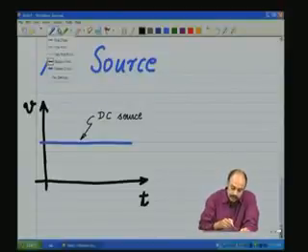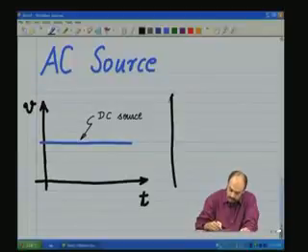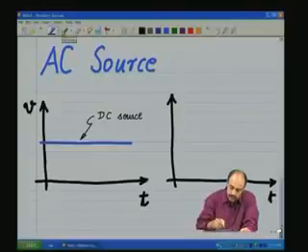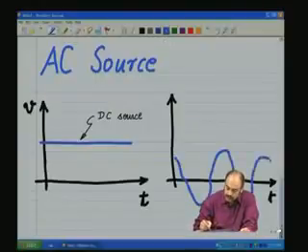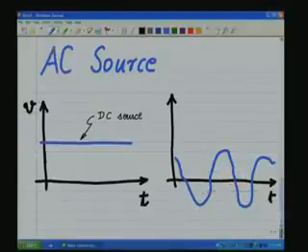But if you take the case of an AC source, with respect to time t, the waveform need not be a constant, but it could be varying in some arbitrary fashion. So, this would be an AC source.